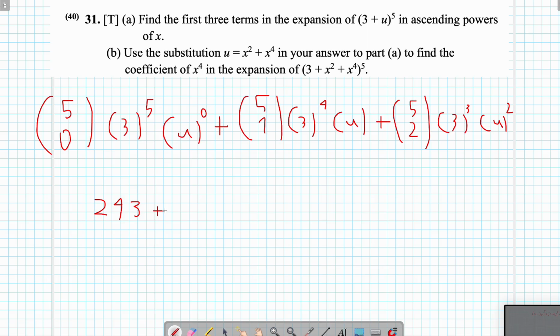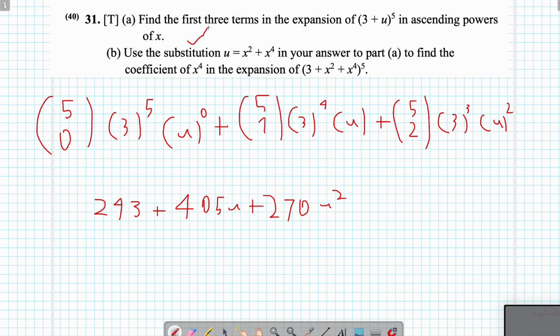So 5 times 3 to the 4 is 405u, plus 5C2, which is 10. 10 times 27, which is 3 cubed, is 270u squared. And that's part A done.